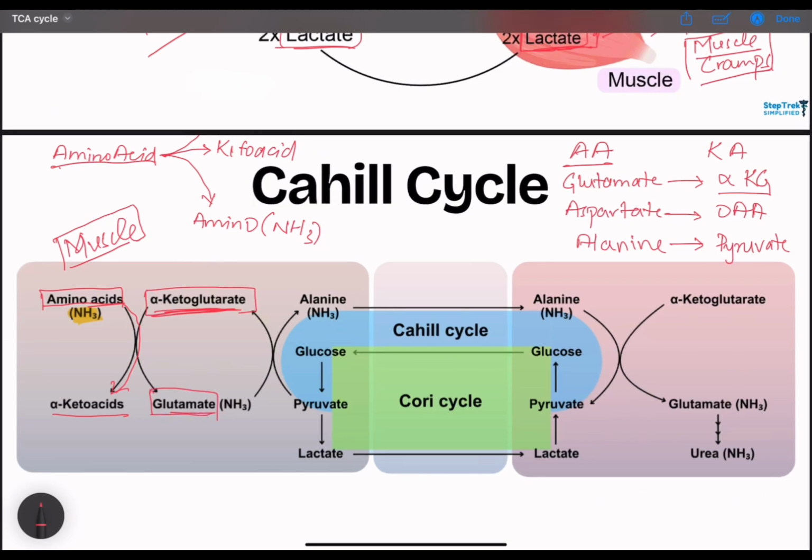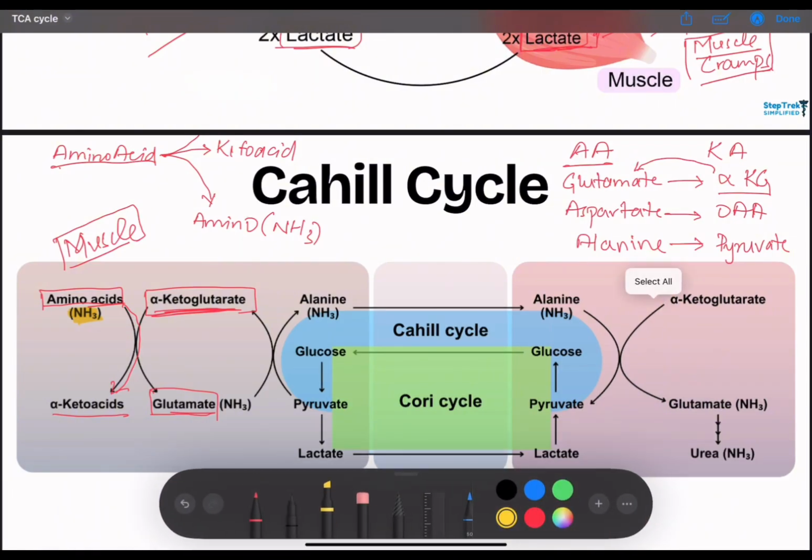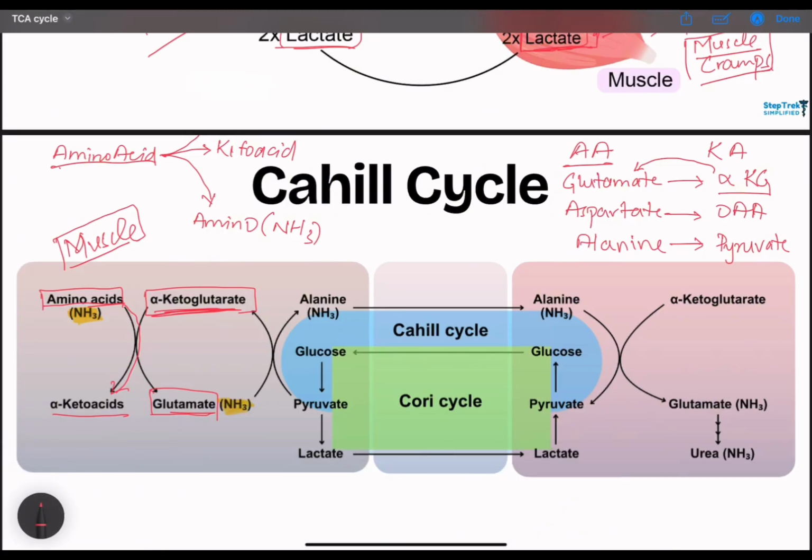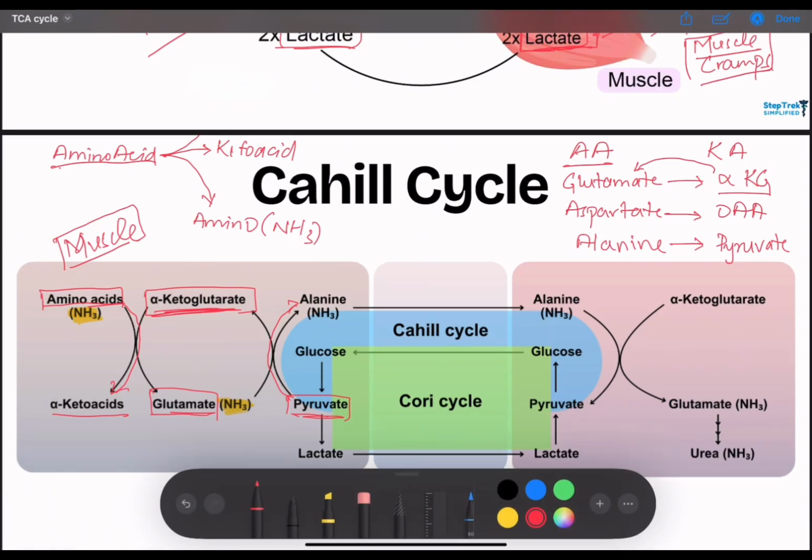When alpha ketoglutarate accepts the amino group, it is converted into glutamate. Now this amino group is then given to pyruvate, and thus pyruvate is converted into alanine. Alanine now carries the amino group of the amino acid.